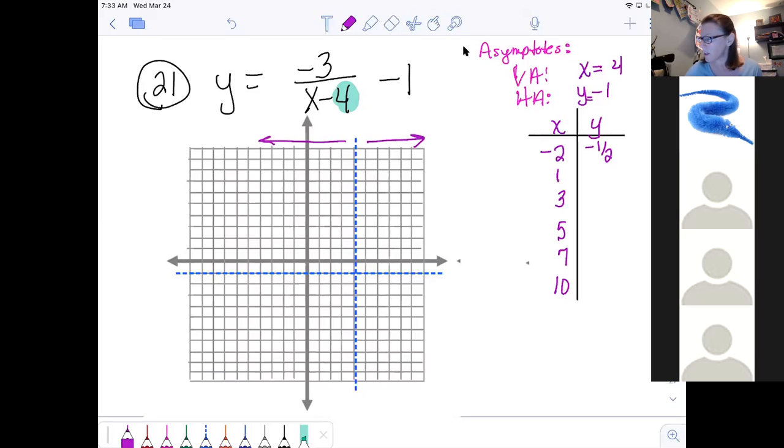Valeria, when you plugged in a 1, you got 0, a 3, 2, a 5, -4, and then 7 and 10, -2, and -1/2. Yeah. You said -1.5.